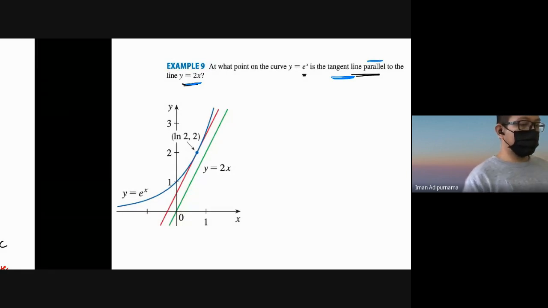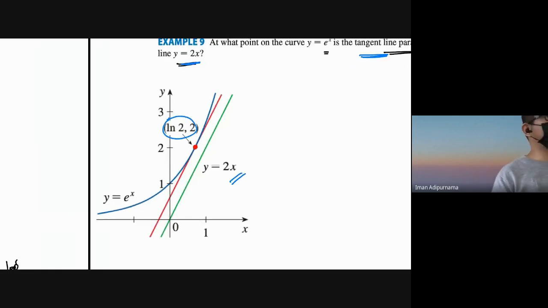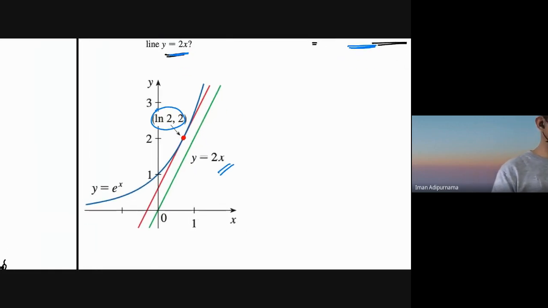We have the equation y equal to x, okay, and then we have, yeah, this is actually the answer, but let's say this is the point in our observation, our tangent line, and the red color will be the tangent line itself. Okay? So you'll see that the two lines are parallel, right?